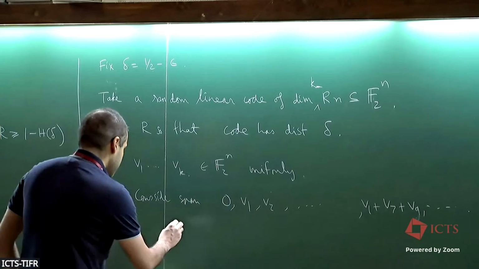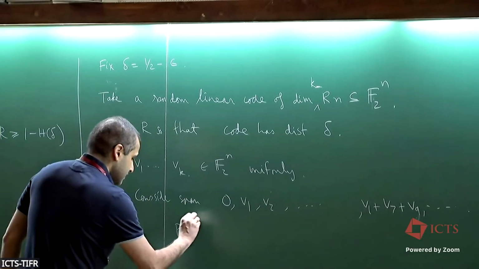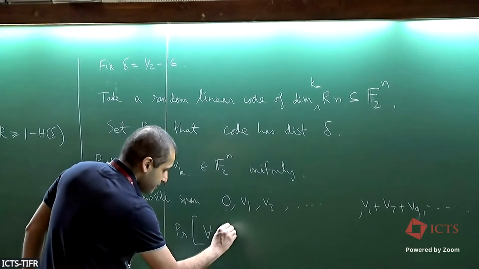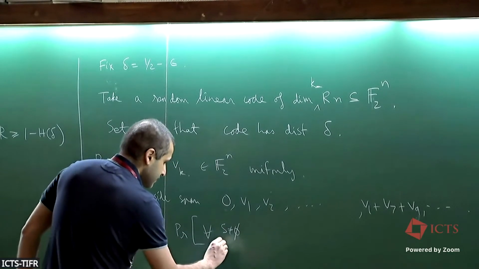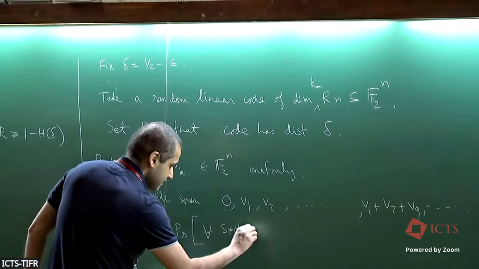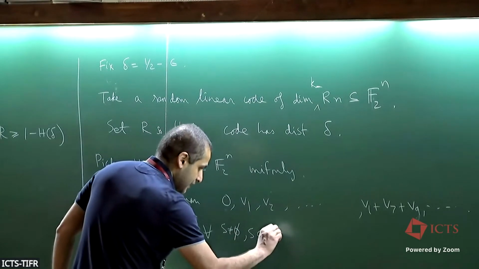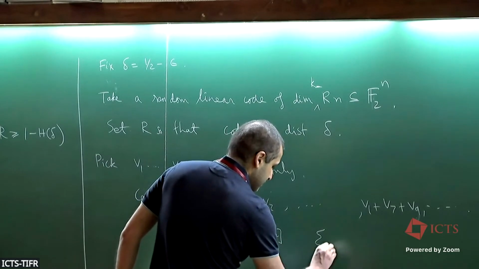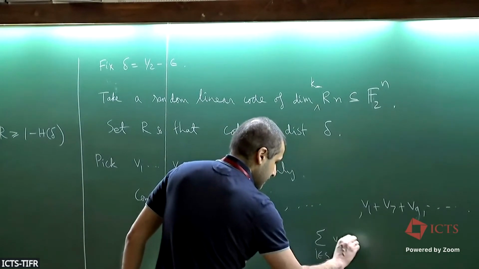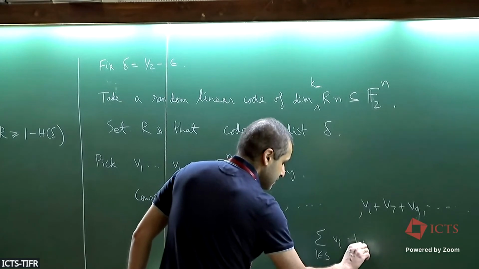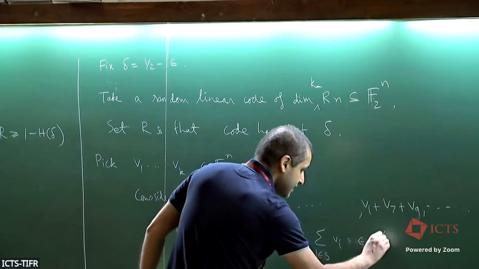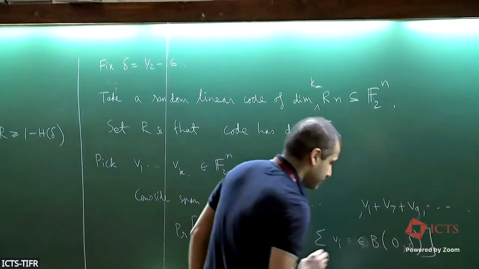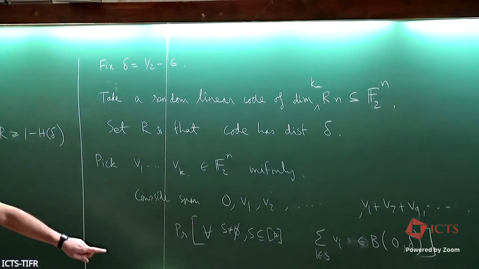So we want, what's the probability that for all s other than 0, non-empty, s contained in 1 to k, the sum over all i in s of v_i lies in the ball of radius delta around 0. What's the probability of this? This is what we're interested in.